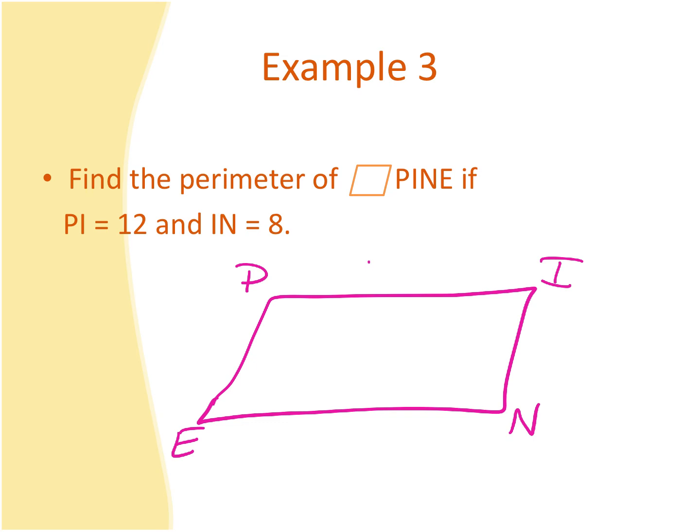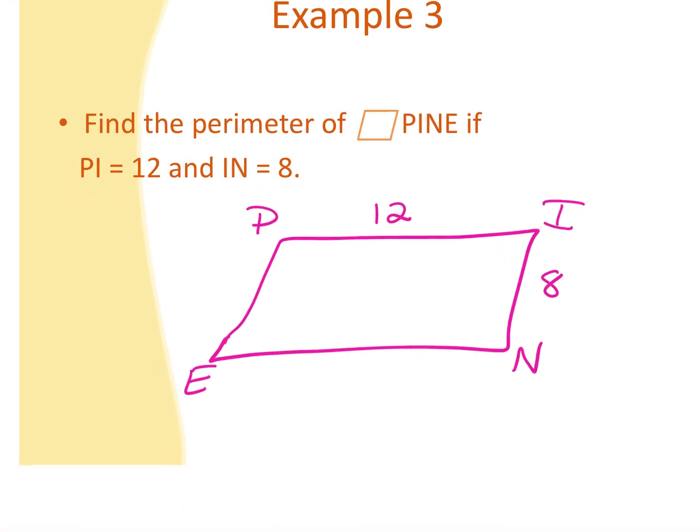So it says PI is 12 and IN is 8. I know from my theorems I just learned, or properties, that opposite sides are congruent. So I know this side over here will be 8. And if this one's 12, this one's also 12.